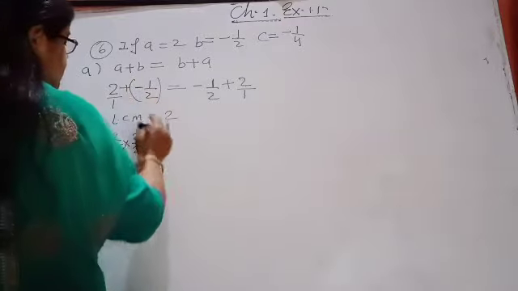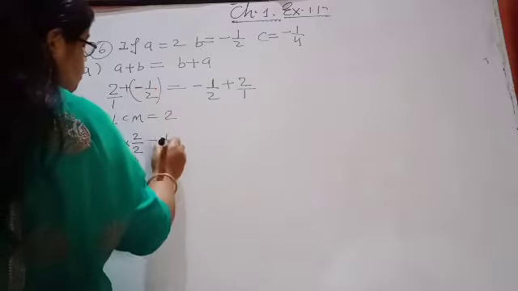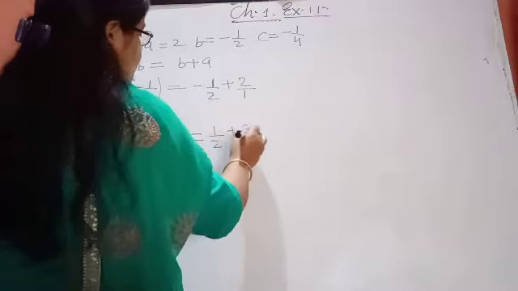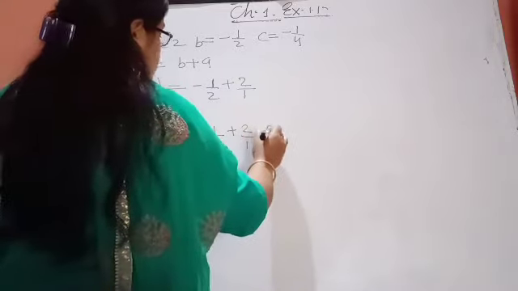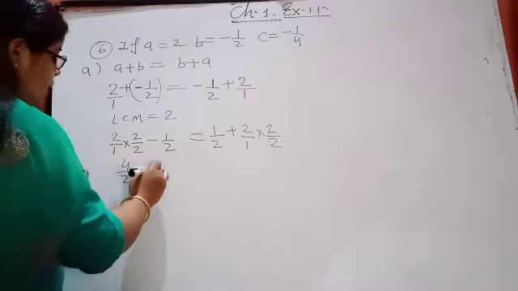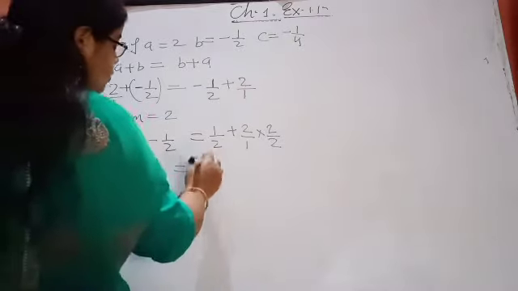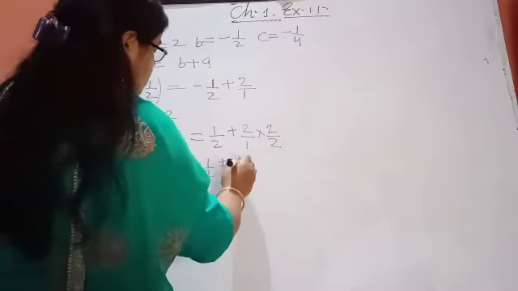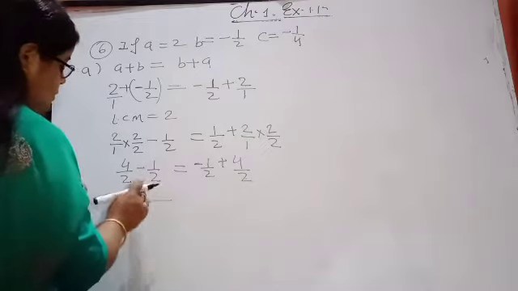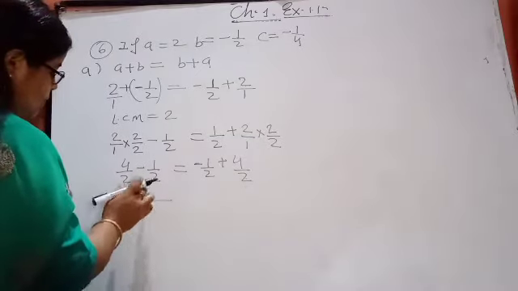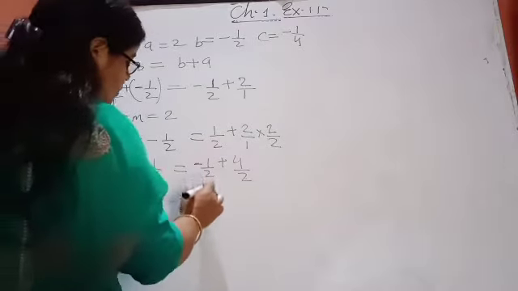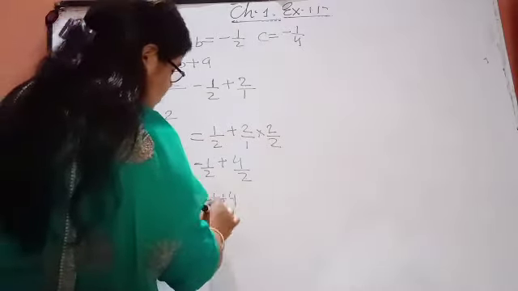Plus minus is minus, so 1 upon 2 is equal to... Here also the LCM is 2. So 1 upon 2 plus 2 upon 1 into 2 upon 2. Now 2 twos are 4. So 4 upon 2 minus 1 upon 2 is equal to 1 upon 2 plus 4 upon 2, and here minus 1 was there. So it will be 4 minus 1, and here minus 1 plus 4 upon 2.